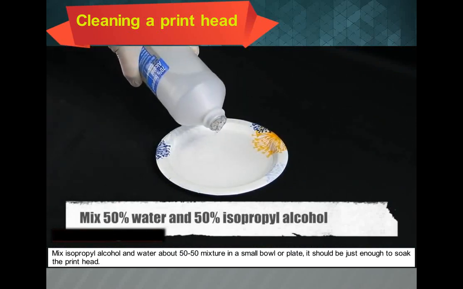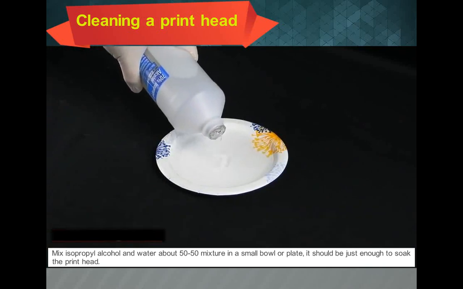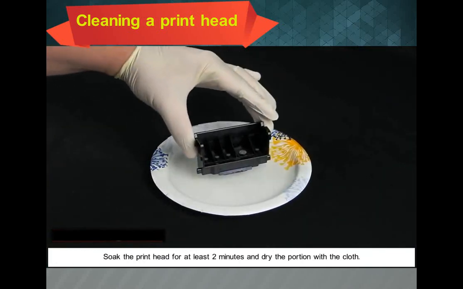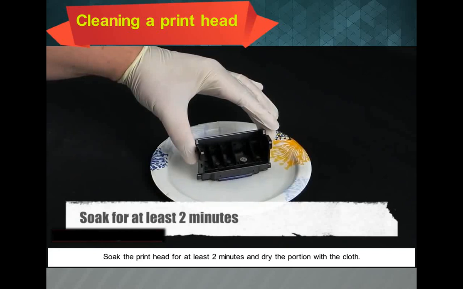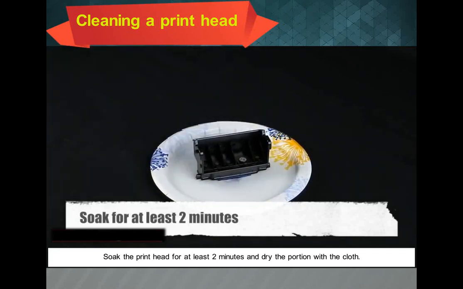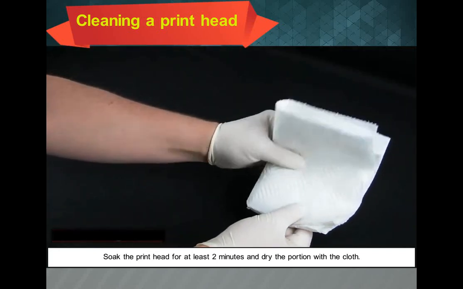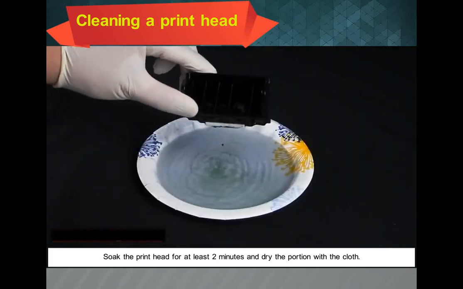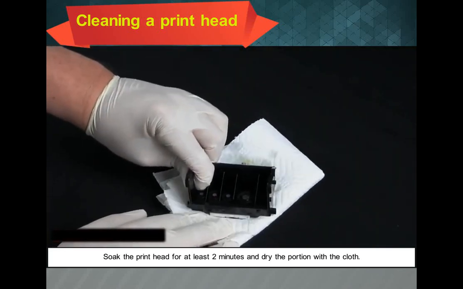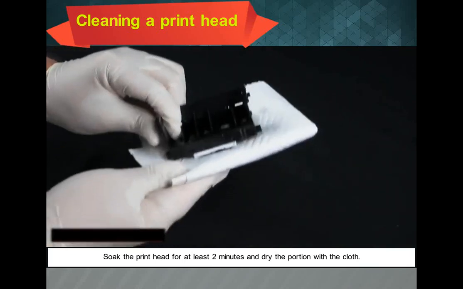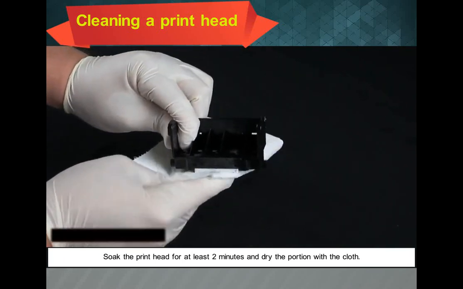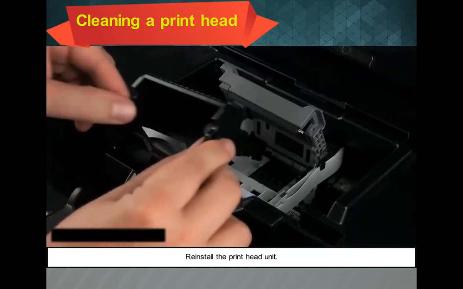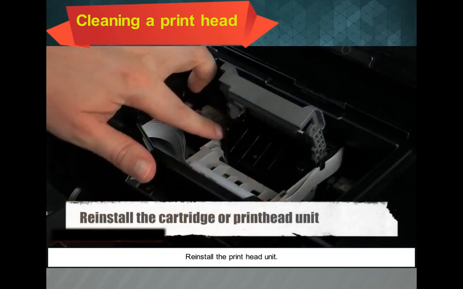It should be just enough to soak the print head. Soak the print head for at least 2 minutes and dry the portion with a cloth. Reinstall the print head unit.